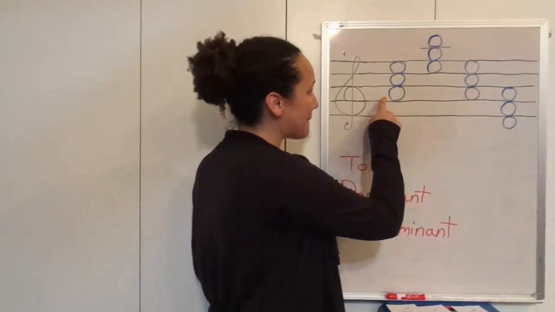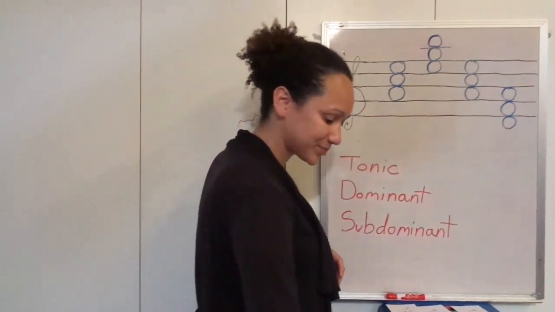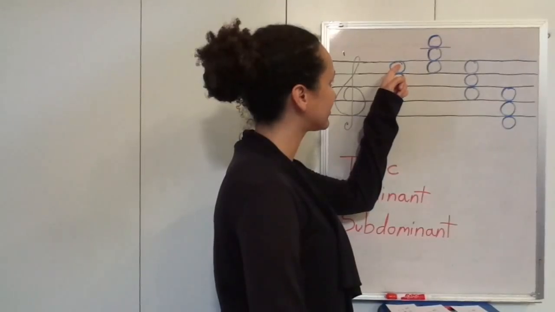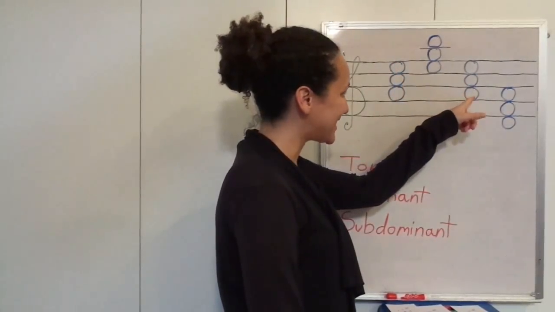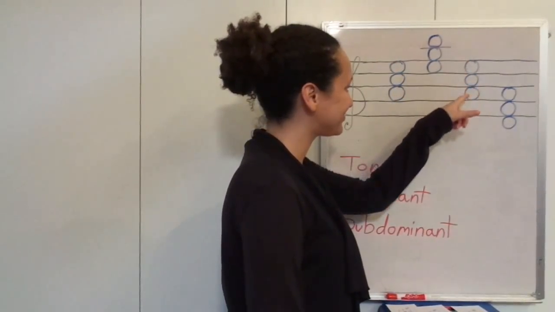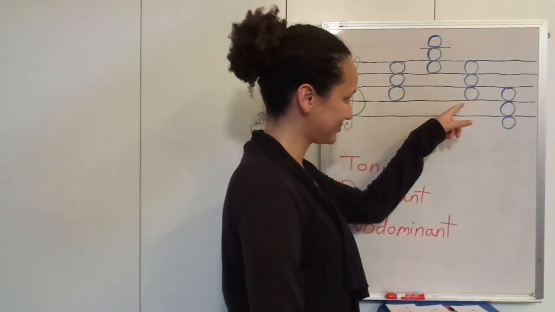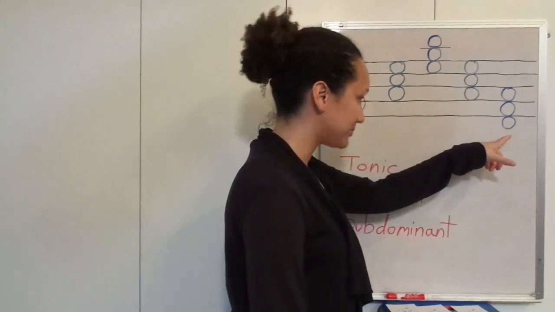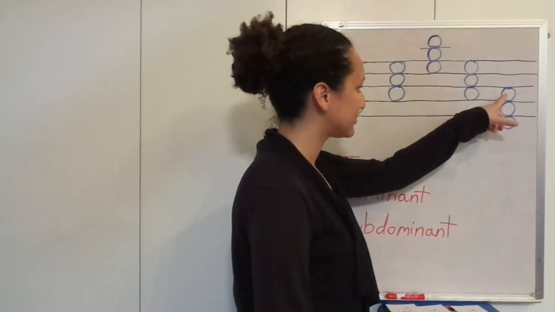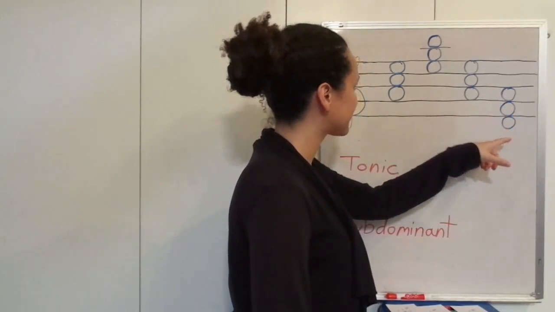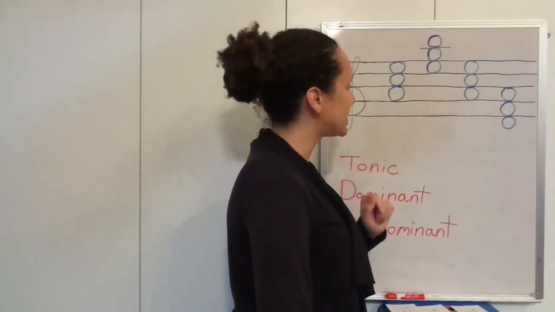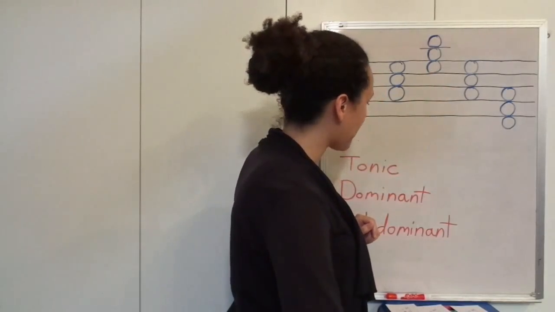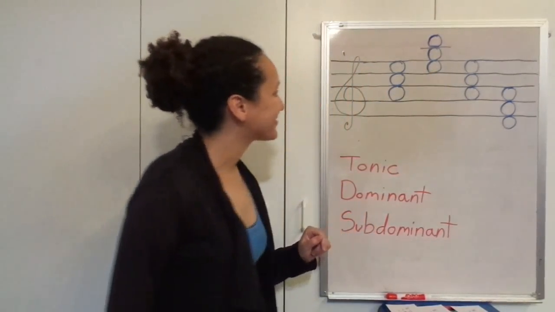Here's our A minor chord. And here it is again. Down here's our D minor chord. And then over here is another chord, our E chord. We'll deal with him in a minute.